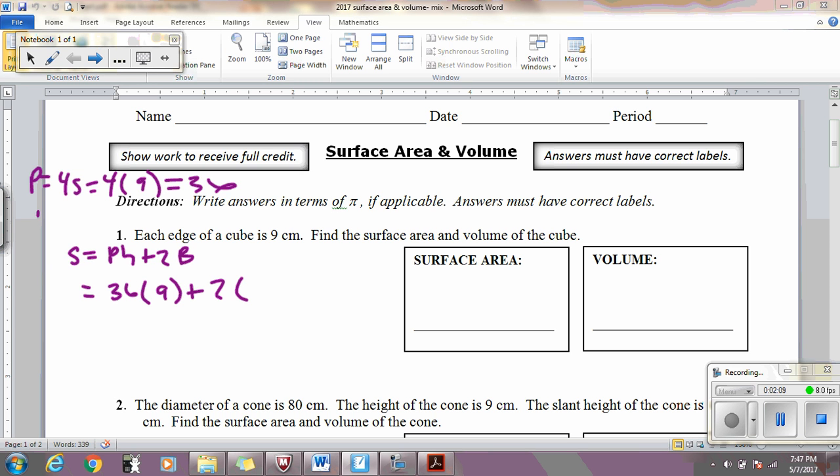Now to find B for a square, it's S squared. So that means it's 9 squared, which is 81.